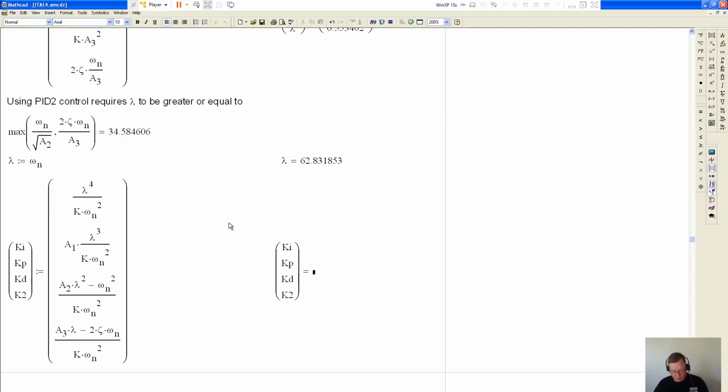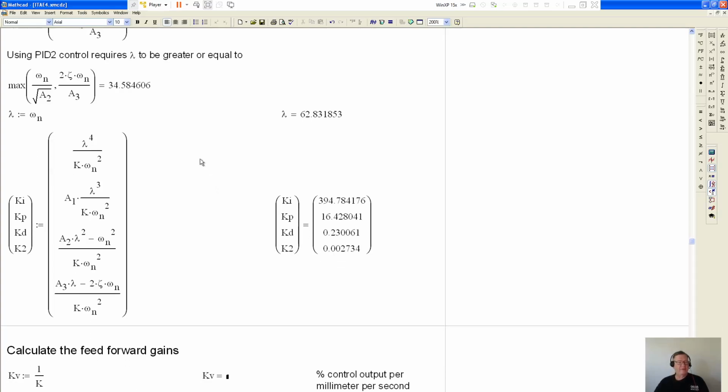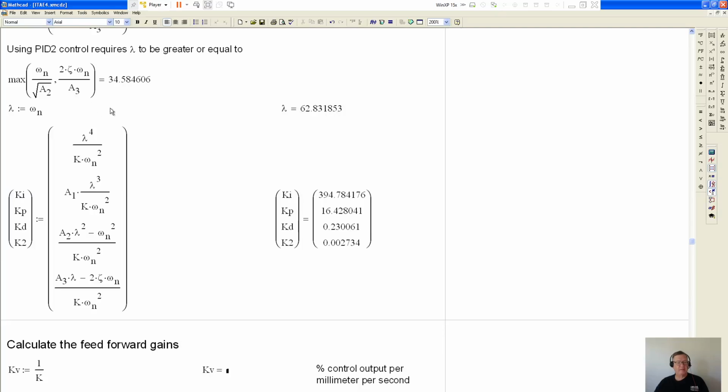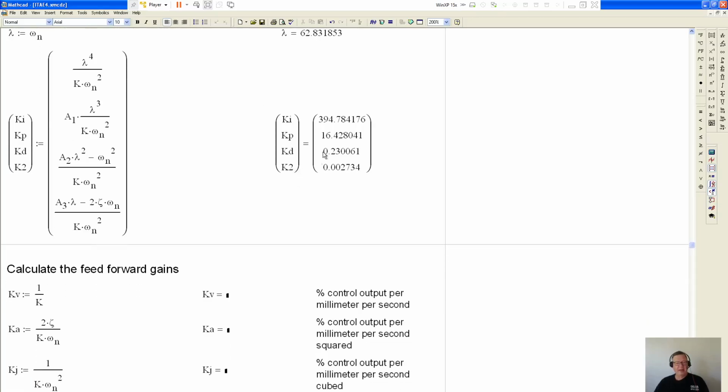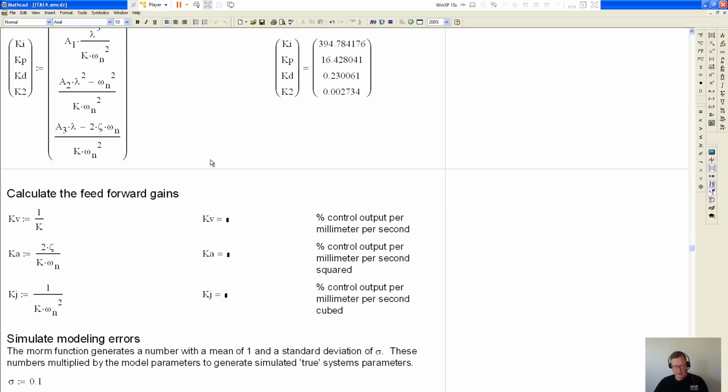Otherwise, the derivative gain will be negative. But because I'm using a much higher frequency for lambda, I'm getting much higher gains, and I don't have to worry about a negative derivative gain.